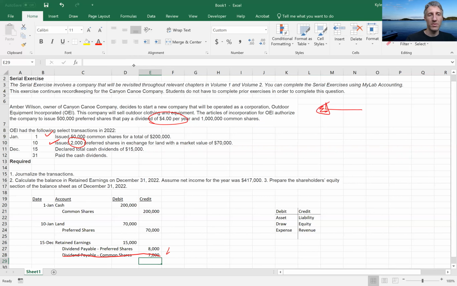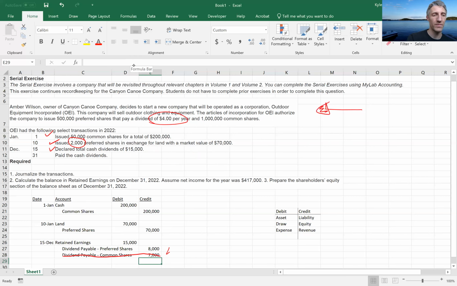Continuing with that example, if the total dividend declared wasn't 15,000, but instead it was 6,000, the full 6,000 would go to the preferred shareholders and they would have dividends in arrears as well. But we don't really need to know that for this question, but we do need to know that for this course. Now we're done with December 15th.